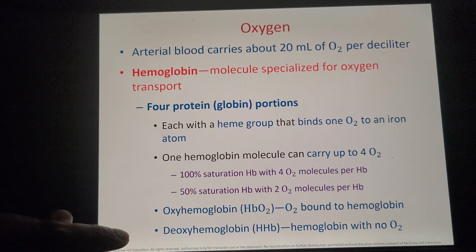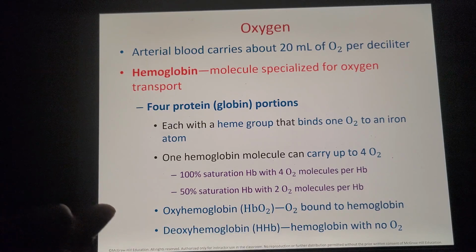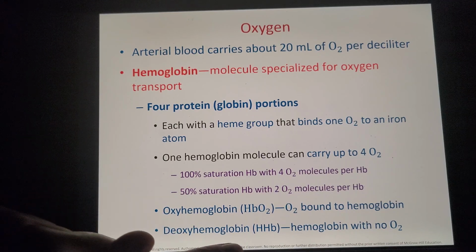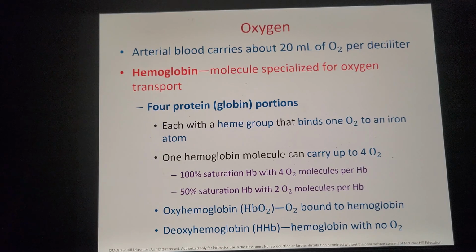When there isn't oxygen bound to it, it's called deoxyhemoglobin. In this case, when we talk about this later with that whole carbonic acid equation exchange, basically hydrogen is going to knock oxygen off its binding spot, and so replaces it. So that's what that H is for. It's just a hydrogen ion.